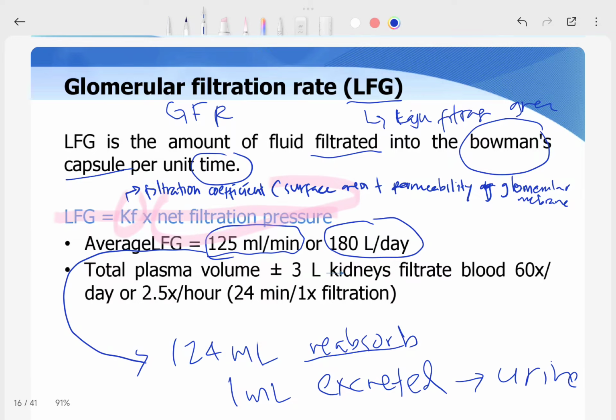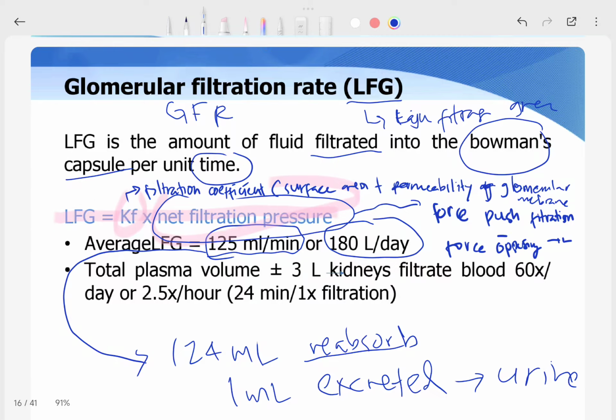But the net filtration pressure is the force that pushes the filtration, minus the force that opposes the filtration.